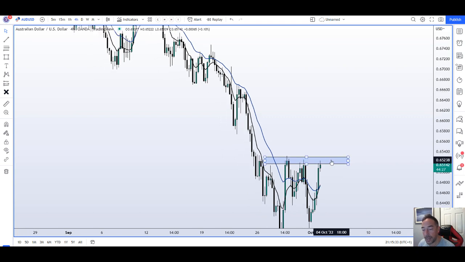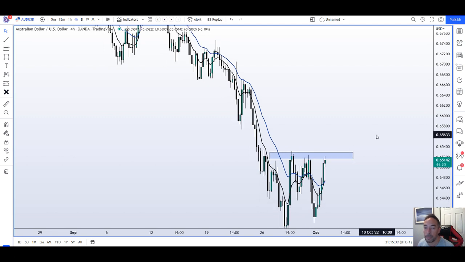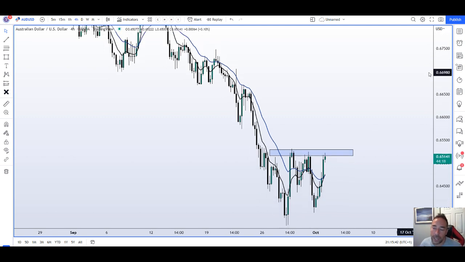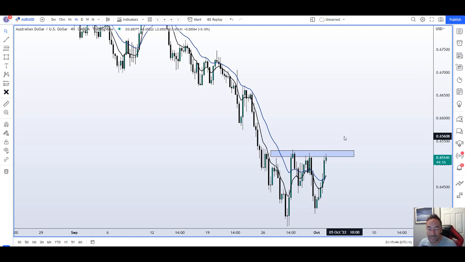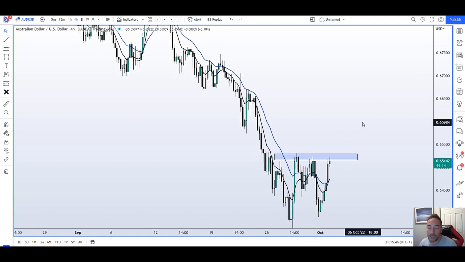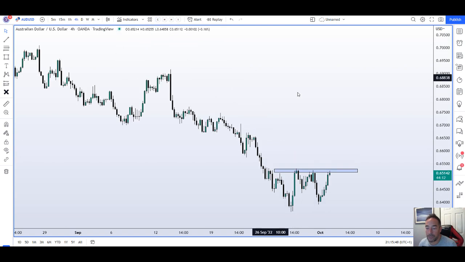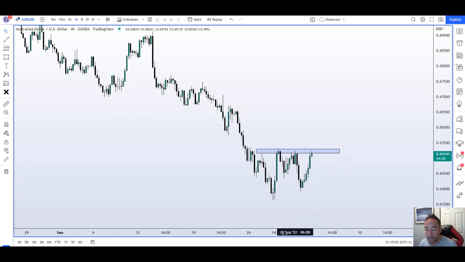So I'd like those moving averages to be in the right order and price to come back into the 20. Hopefully it's around about the same area as our area of resistance here, and I'll be looking for a morning star pattern off that 20 moving average. That's my preference. I don't personally trade horizontal support and resistance. I like to use moving averages, but you could equally just take off the moving averages and purely trade a price action trade, which would be a break, pullback, retest, bullish continuation pattern.